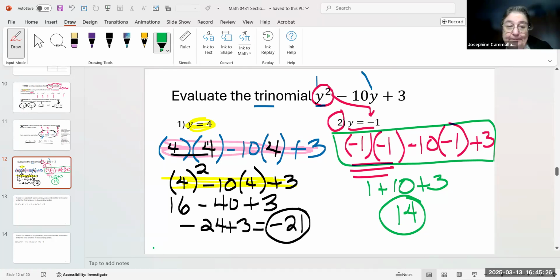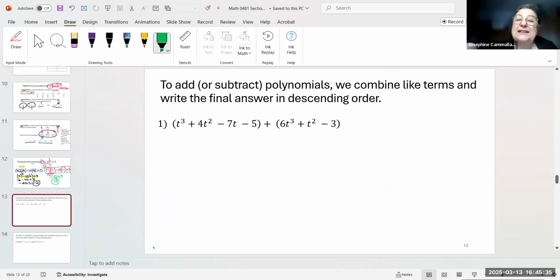Now, as I promised you, we are adding and subtracting polynomials. Now, this is where we have to remember that we've got to combine like terms. And then we have to write our answer in descending order.